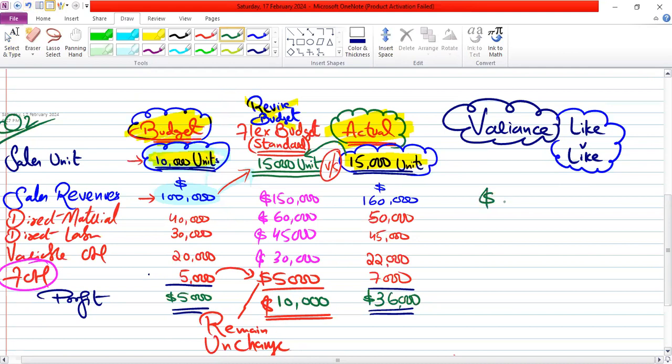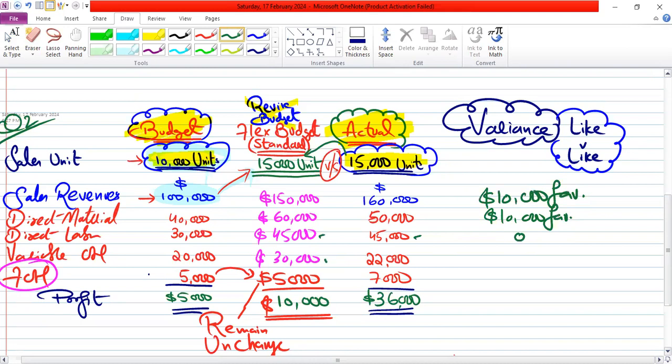The first is a good thing, favorable, right? The second one, as per the budget, was supposed to be 60,000, but the expense on material is 50. Again, a good thing, favorable, right or wrong? Right. What was the budget, what is the actual? Same, so no variance.